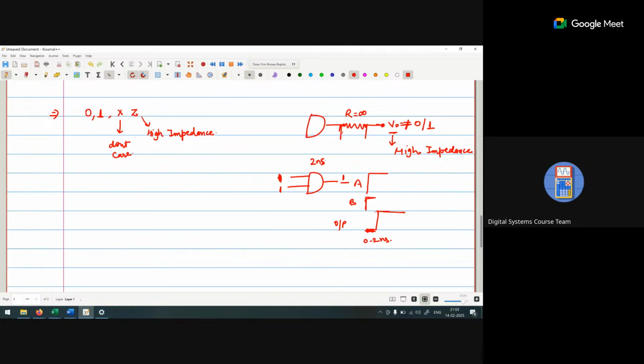Either the output is 0 if the previous condition was 0 0, or 1 if the previous condition was 1 1. So at 0 to 2 nanoseconds, maybe the output will be 0 or maybe it will be 1. But it is not considerable, because it is not a correct answer. So that particular condition is called the don't care condition.